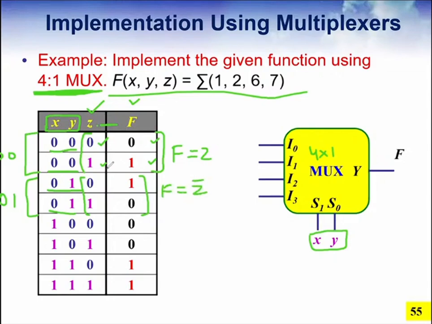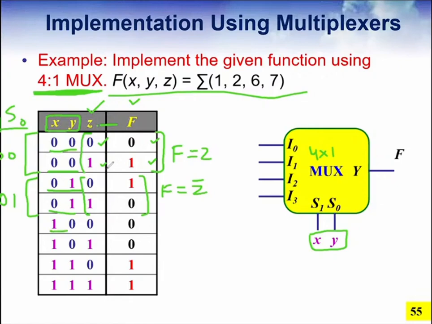No. Why are you comparing that? Because Z is decided as the input, and X and Y are already decided. They are the values of the selection lines. So we are only looking at Z, right?